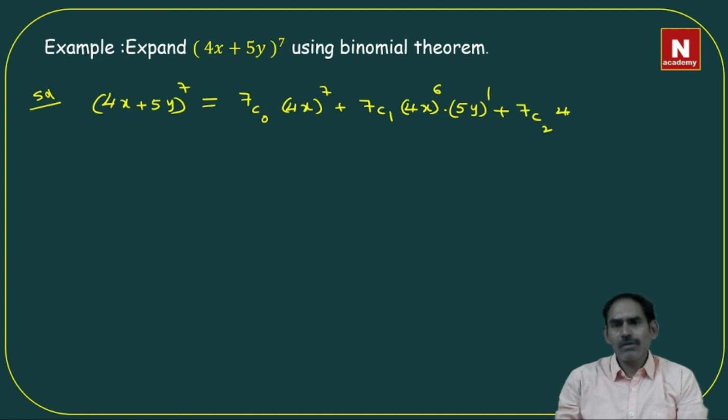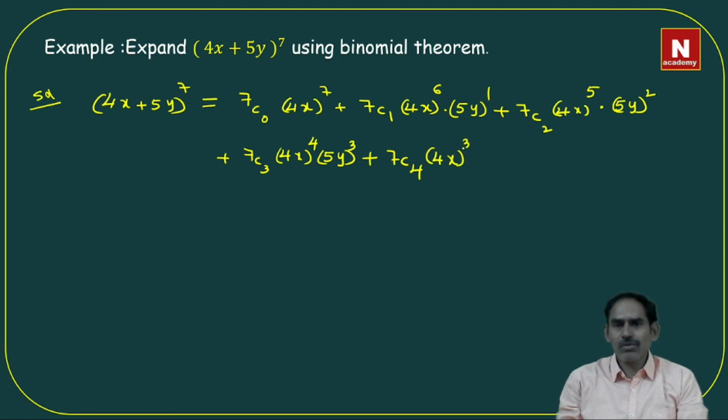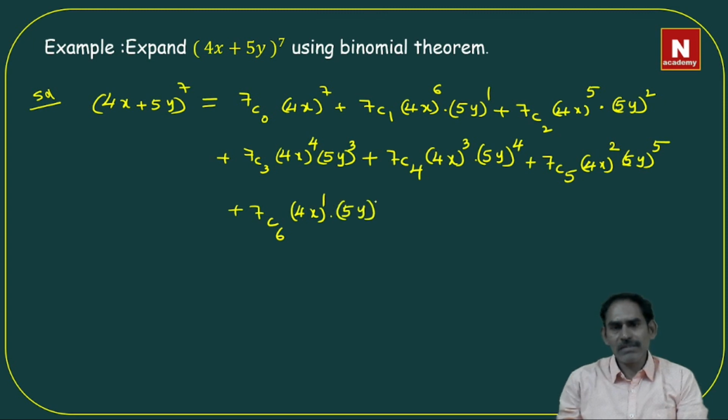7C2 (4x) power 7 minus 2 into (5y) whole square plus 7C3 (4x) whole power 7 minus 3 into (5y) whole power 3, 7C4 (4x) whole power 7 minus 4 into (5y) whole power 4, 7C5 (4x) whole power 7 minus 5 into (5y) whole power 5, 7C6 (4x) whole power 7 minus 6 into (5y) whole power 6.